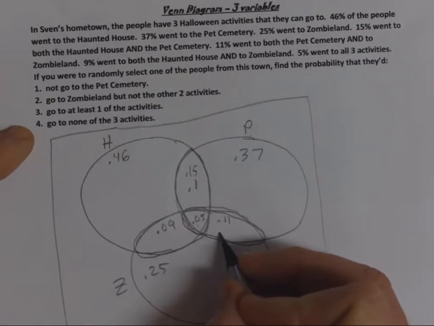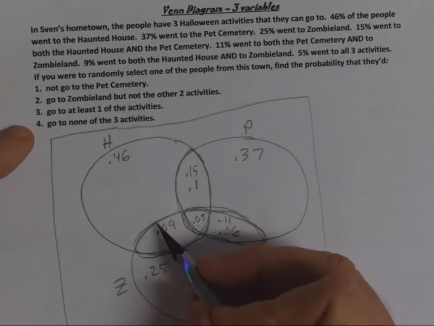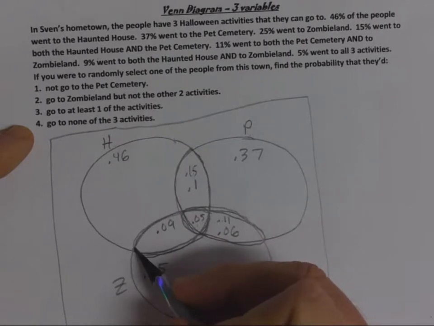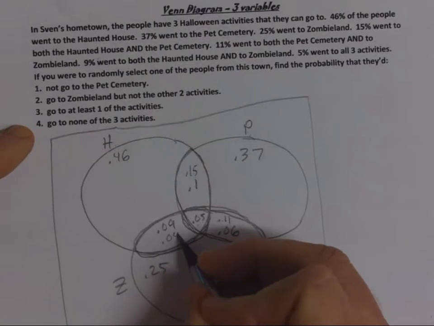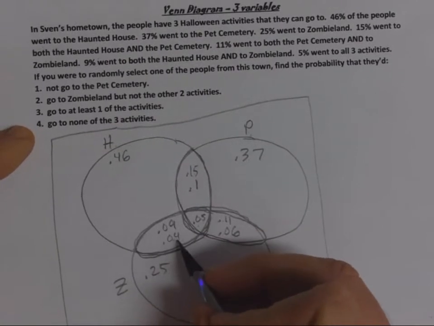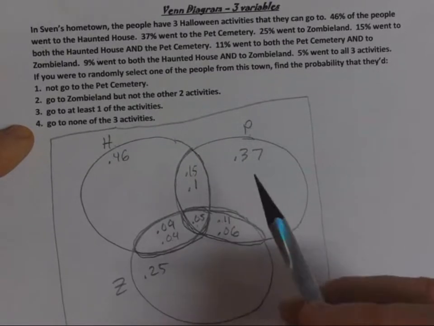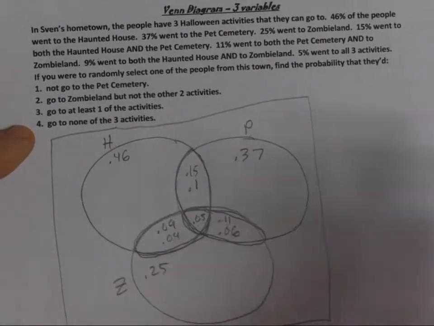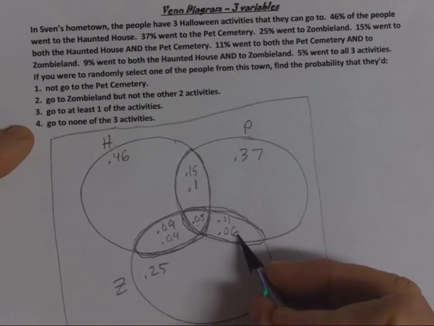If you subtract those, that's 0.06. Then the third football-shaped region takes up 9% of the population. If we subtract 5%, that'd be 0.04. That 4% would be people that went to the haunted house and Zombieland, but did not go to the pet cemetery. Any of those questions could be asked of you, like what percent went to the pet cemetery and Zombieland, but not the haunted house? That's those people, the 6%.